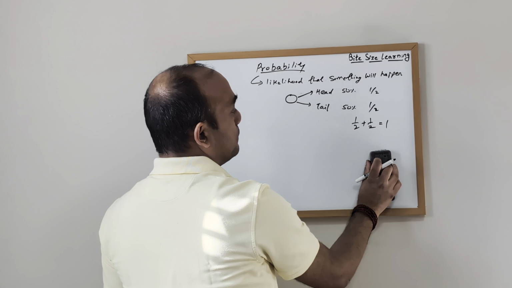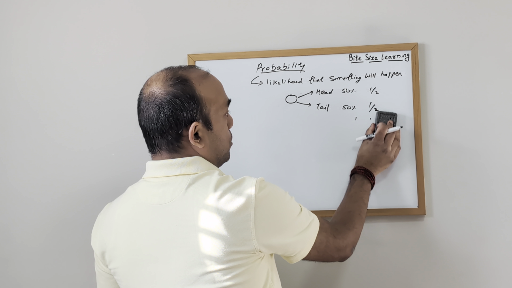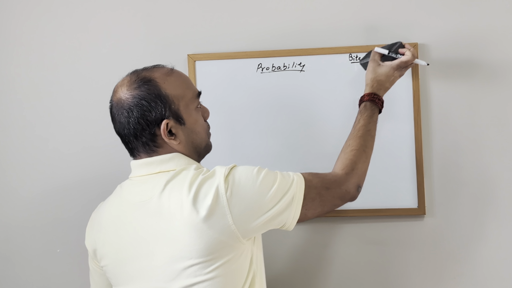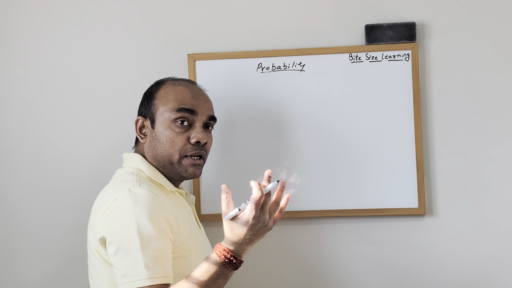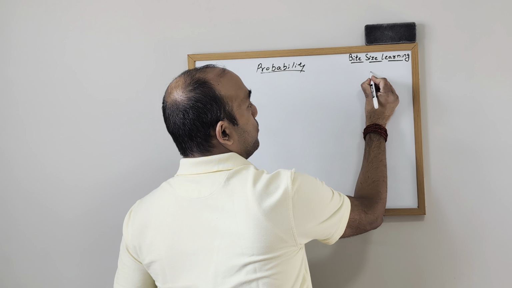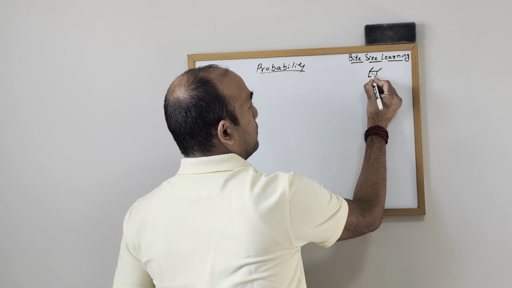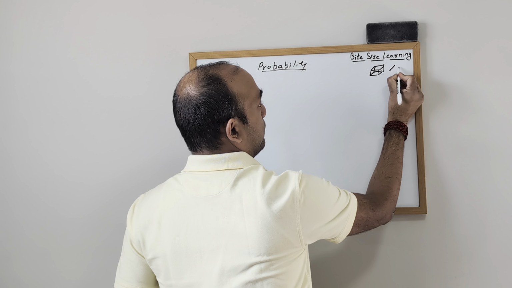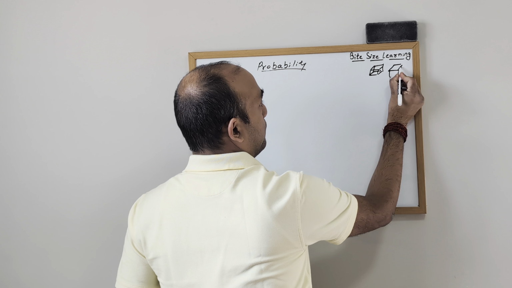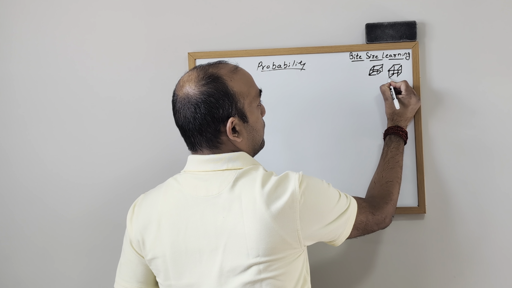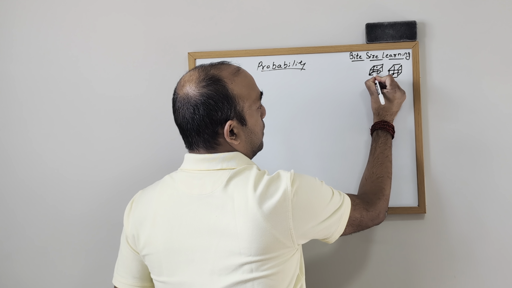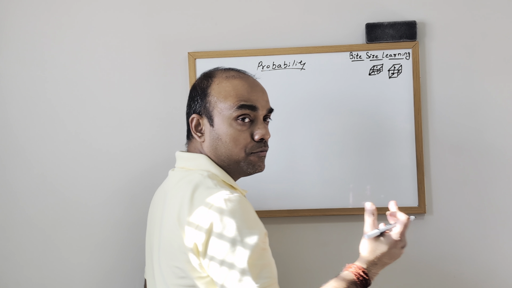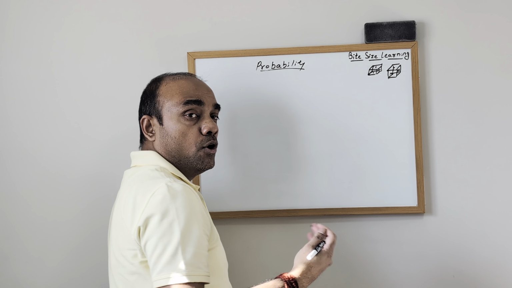Now let's take another example, right, to learn it in a better way, or have a more clear understanding. So let's say you have two dice, right, and you are rolling the dice.